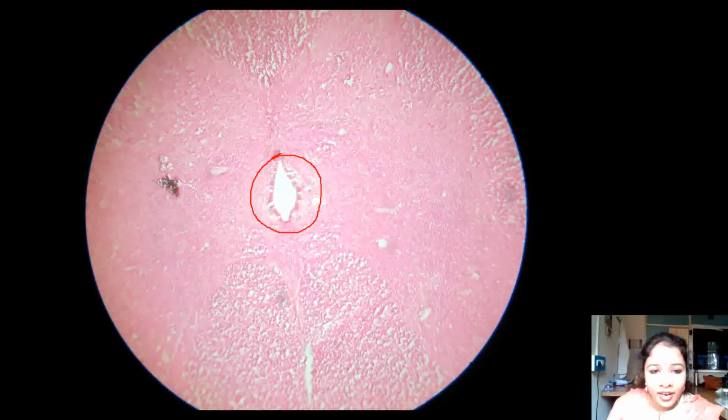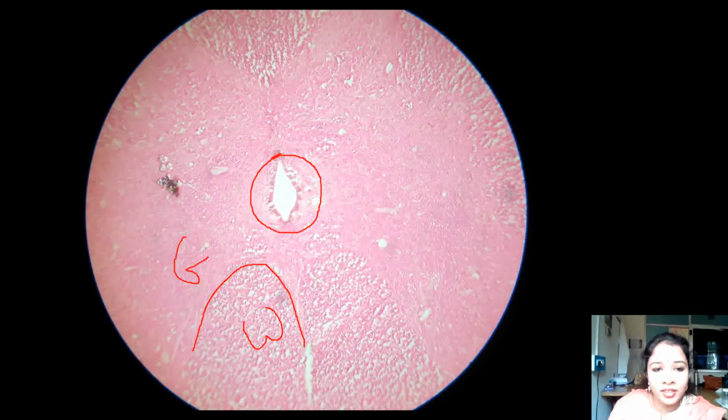We can identify a line separating the white matter, this is the white matter, and this is the grey matter, which consists of motor nuclei, sensory nuclei, and all the preganglionic nuclei of sympathetic and parasympathetic, all present inside the grey matter.